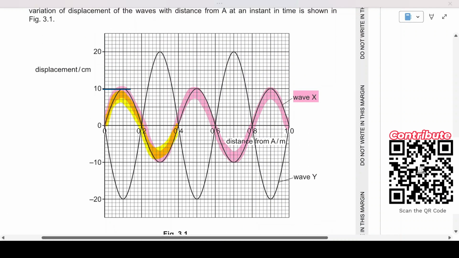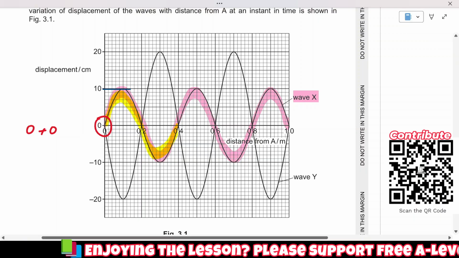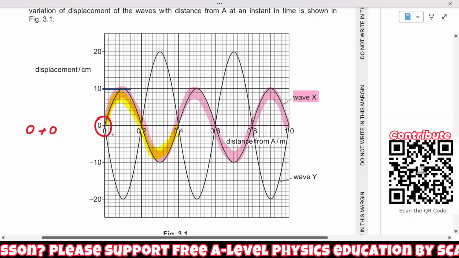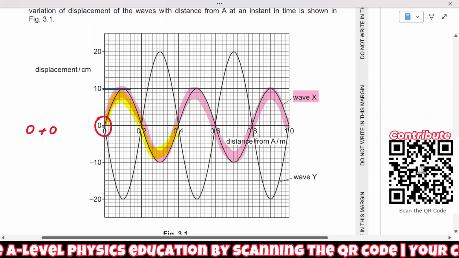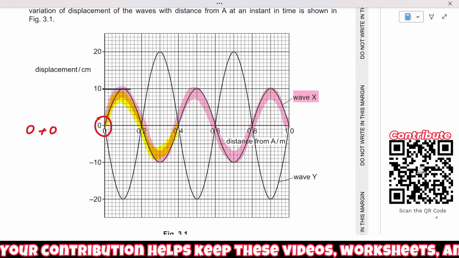So for this one, at this distance of 0, the displacement of both of them were 0.